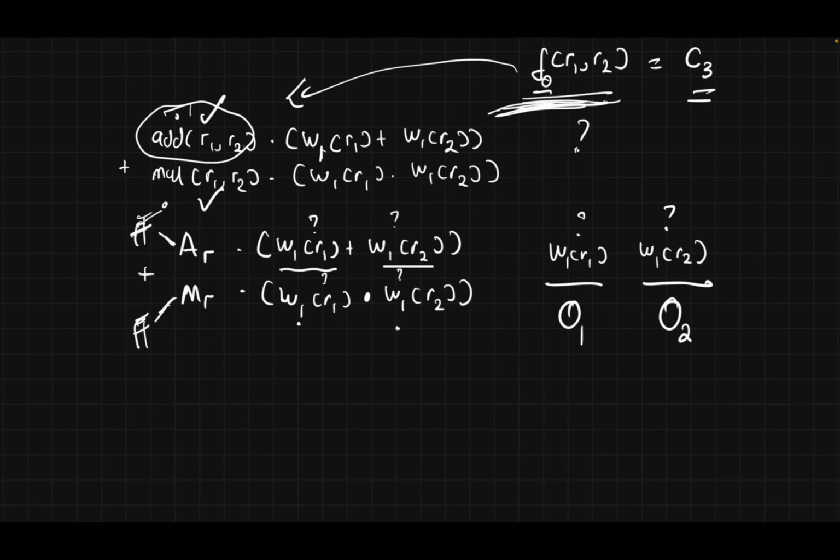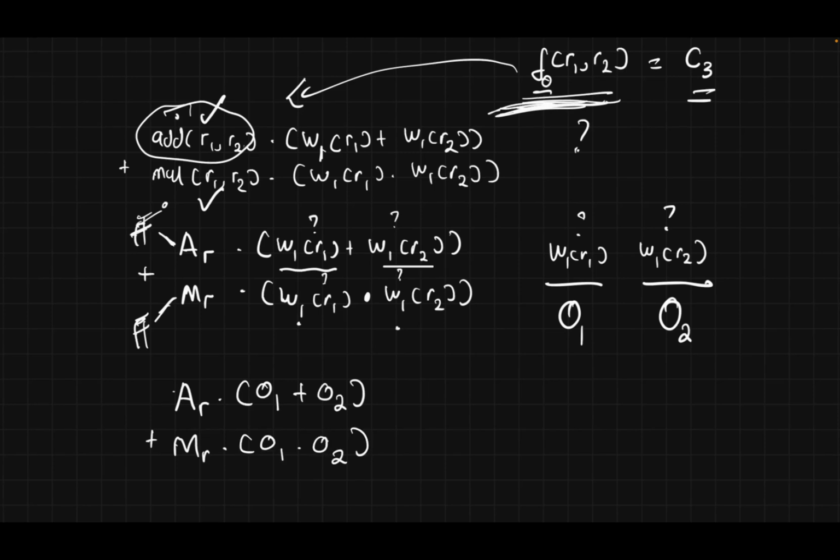The GKR prover can still lie at this point. If it couldn't lie at this point, then we're done once we check that it's equal to C3. So the prover just tells us what W1 of R1 is and what W1 of R2 is, then we just replace it here: add(R) times O1 plus O2, and plus mul(R) times O1 times O2.